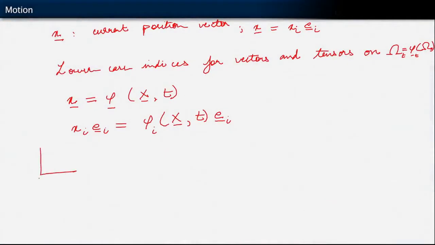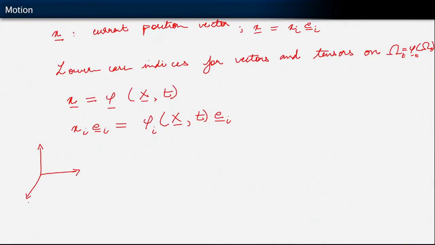All right. What I'm going to do now is write out a very simple example of motion as expressed by phi. Let's do it in 2D simply because it's easy to describe. Well, it will be 3D, but the most interesting aspects of the motion will happen in 2D.